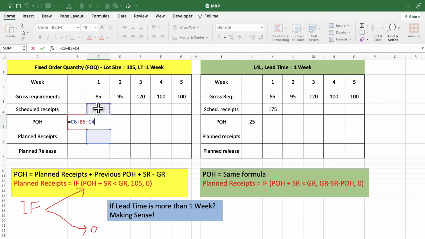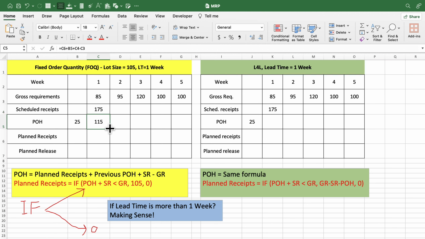And it shows that it's 115. And again, this 115 means the quantity that we have available, that is 25 plus 175, that becomes 200. 200 minus 85 is equal to 115. Now I will copy this one to other periods.